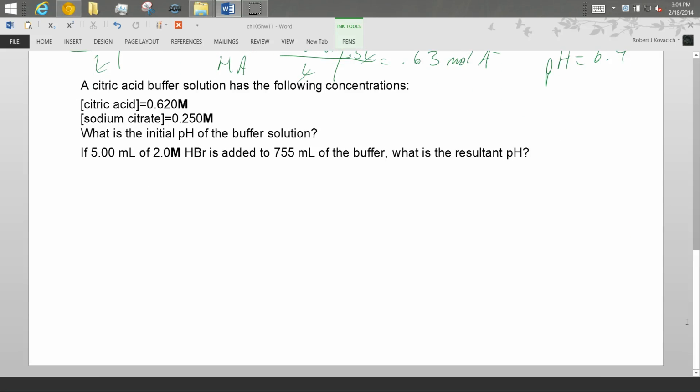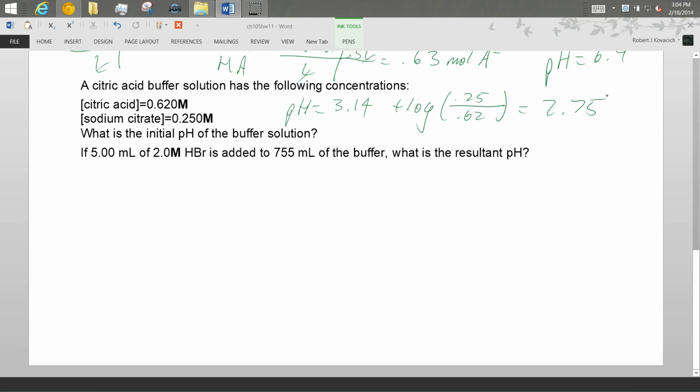All right, so I have a citric acid sodium citrate buffer, and what's the initial pH of this buffer? Okay, so we can do that. pH is equal to, and what's the pKa for my acetic or citric acid? 3.14. Okay, so I got 0.25 up top and 0.62 down here. And what do we have for a pH for this buffer? 2.75.